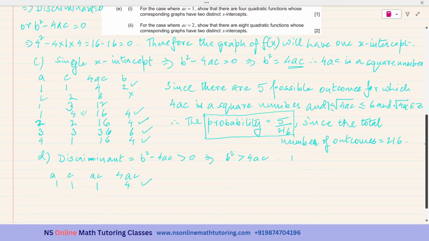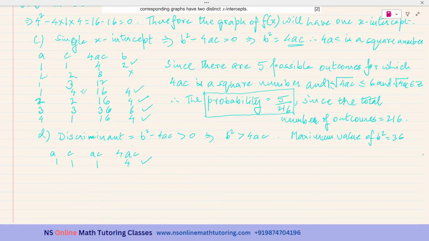And maximum value of b square is 36 because maximum value of b is 6. So maximum value of b square is 36. So as long as we are getting this product 4AC less than 36, we can continue to take.